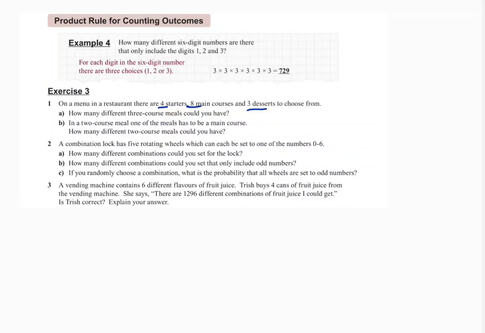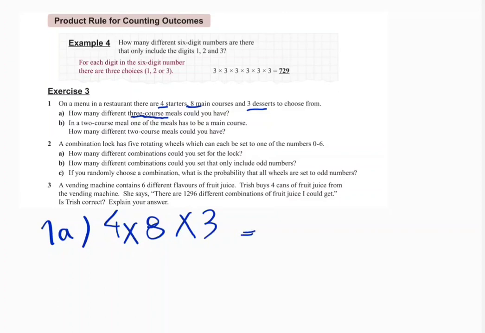It's saying different 3-course meals, which means that we need to pick from each of these, because it says a 3-course meal. So if you want to know in total how many different 3-course meals we can have, it's just 4 times 8 times 3.